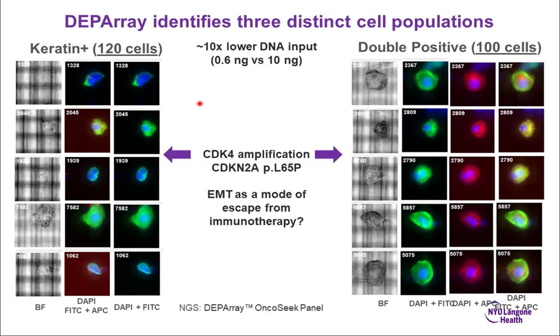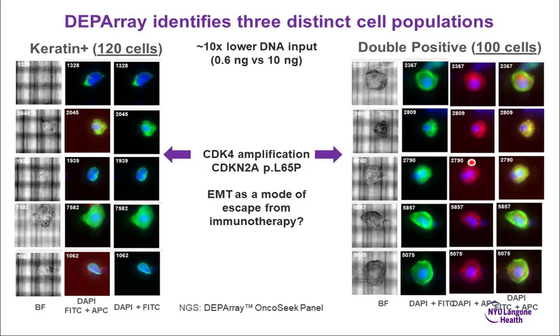So we performed the sequencing with help of analytical help of people from Menarini Silicon Biosystems, and this is an experiment that was actually done using the DEPArray OncoSeq sequencing panel, and you can see that the keratin positive cells and these double positive cells actually shared CDK4 amplification and a CDKN2A mutation, and particularly this amplification made us confident that these double positive cells are not fibroblasts that start expressing epithelial markers, but the opposite. They're actually cancer cells that started expressing mesenchymal markers.